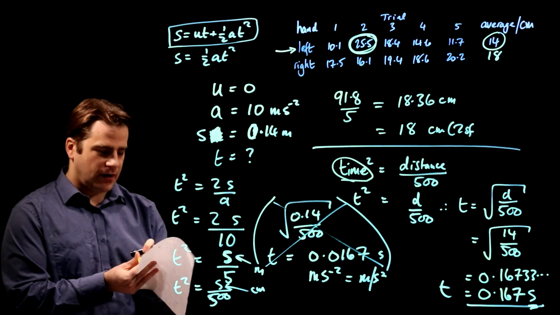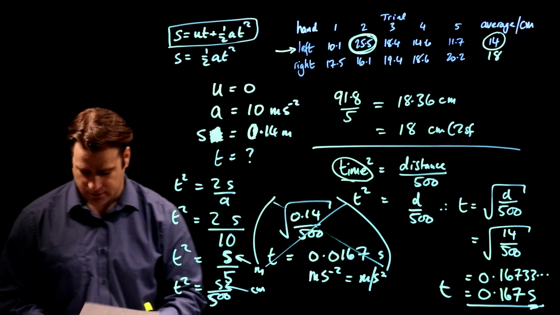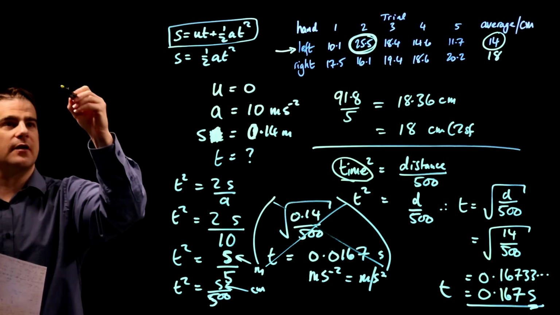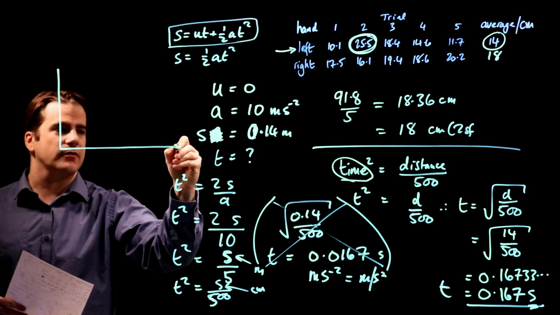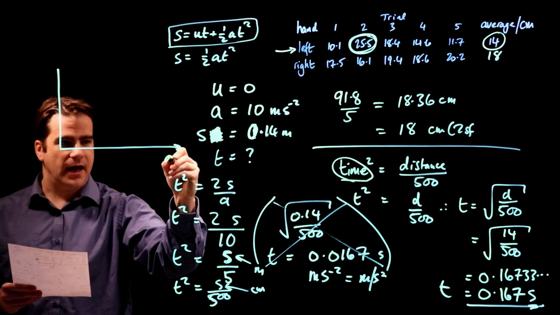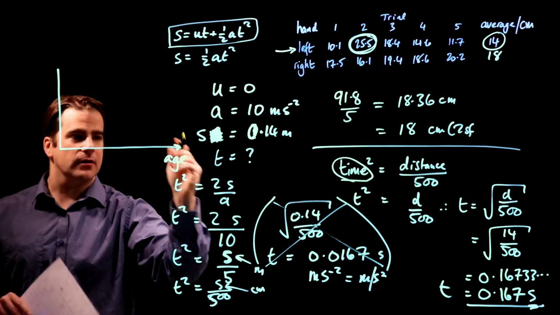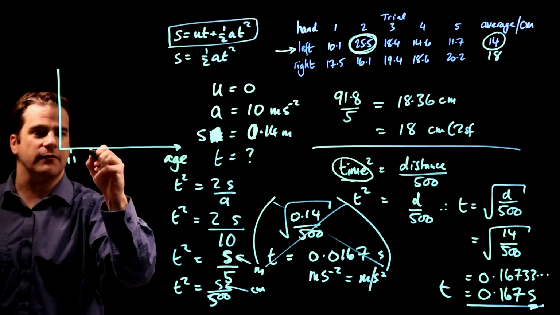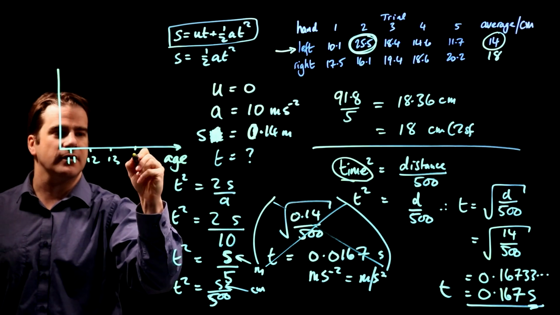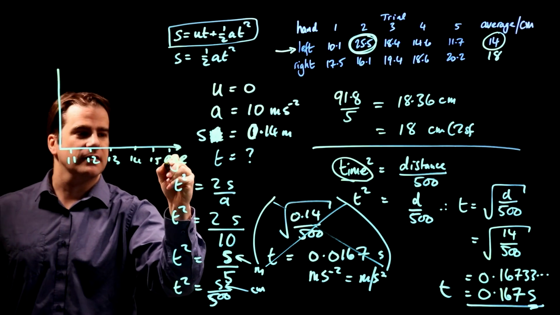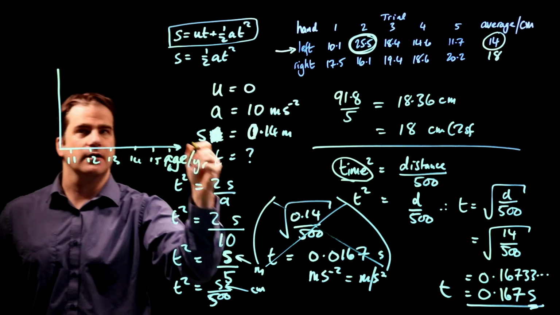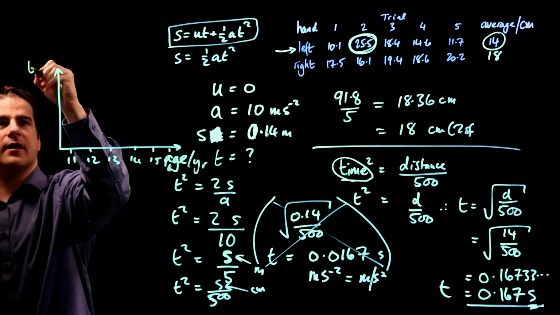And then you can maybe plot a graph, something like this. So you'd have age along here, so 11, 12, 13, 14, 15, 16, age in years. And here you'd have the reaction time.